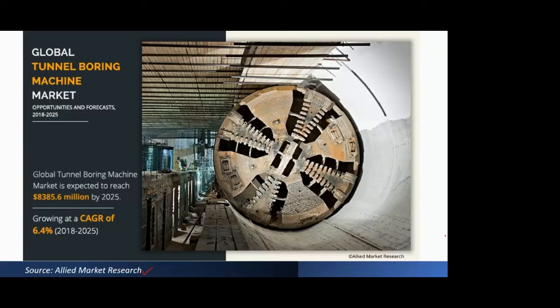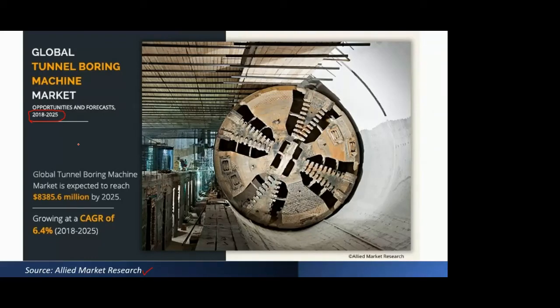What they have done is forecast what opportunities you can have in tunneling from the year 2018 to 2025. Based on the data that they had, they looked at what the demand for TBM is, what types of TBM, where they are used, and for which type of project.